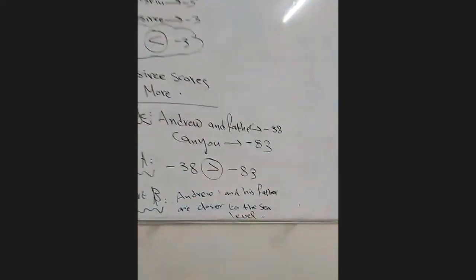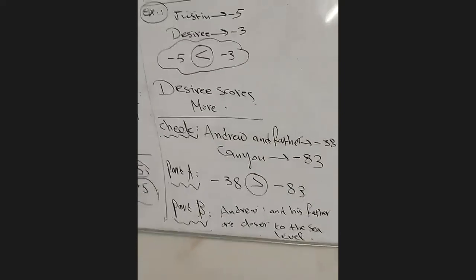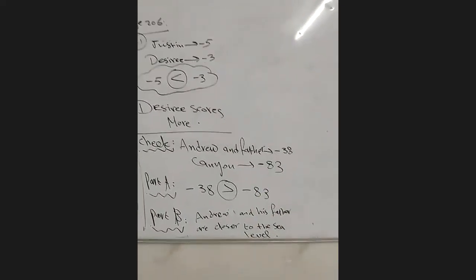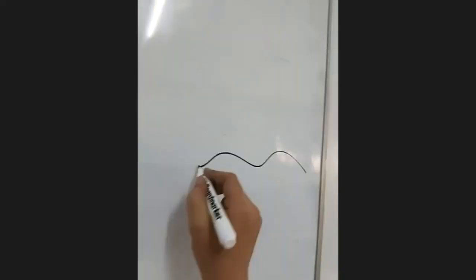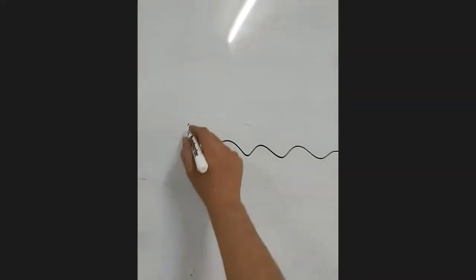Andrew and his father what? Are closer to the sea level. Who is closer to the sea, Andrew and his father or the canyon down? Andrew and his father. Look here, guys. This is the sea level, okay? Look at the board, please.